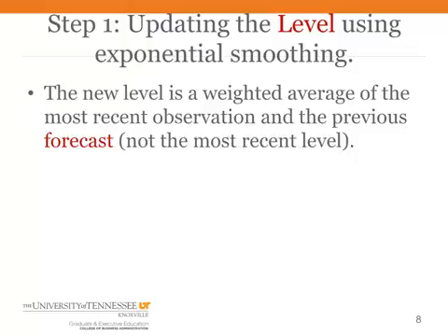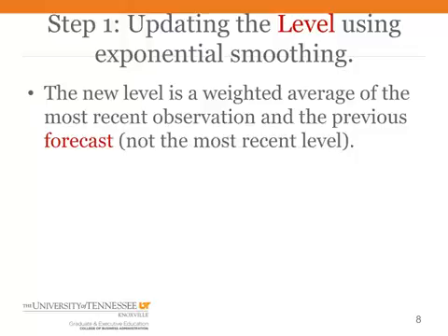The ARIMA(0,2,2) model actually goes a little bit beyond that. It says the information we have about the slope and the information we have about the level should be used in combination when we're updating our parameters, our level and our slope.